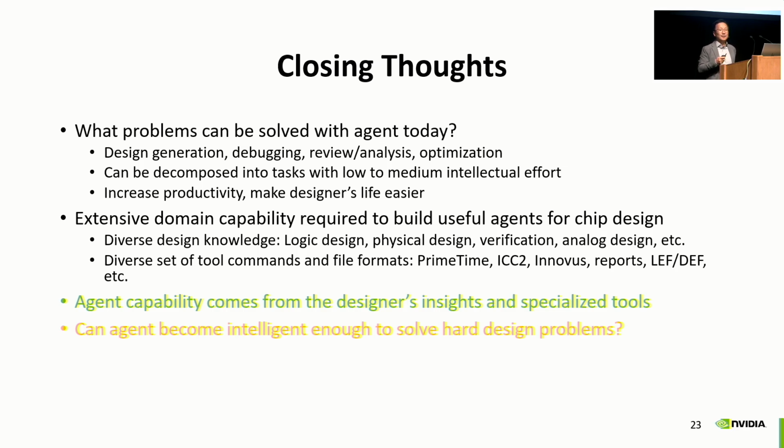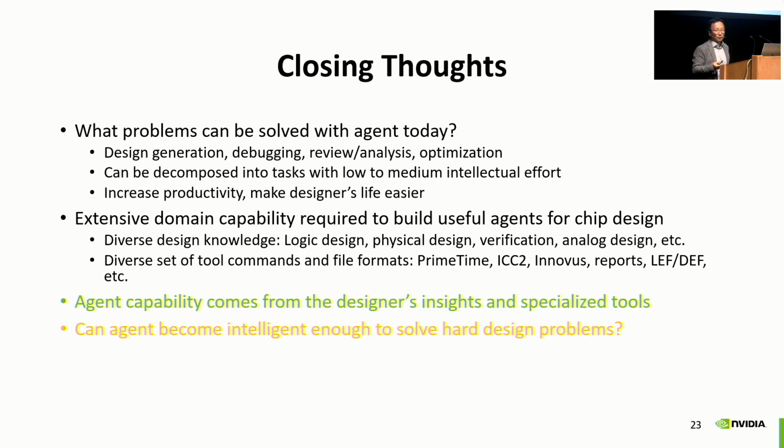The key is this task needs to be able to decompose into tasks with low to medium intellectual effort. Right? So if you can decompose your problem and each sub-problem is easy to solve, then you can use agents. This will significantly improve productivity and make designers' lives easier.